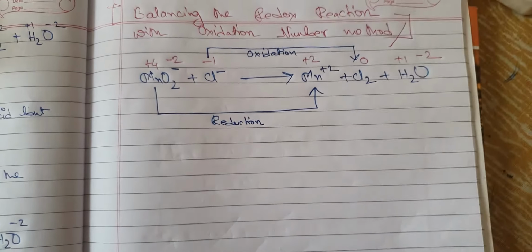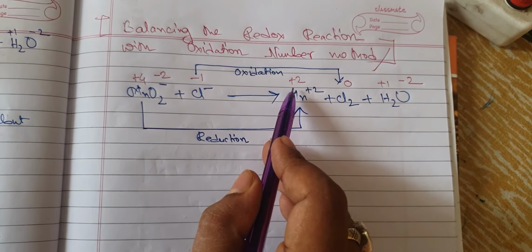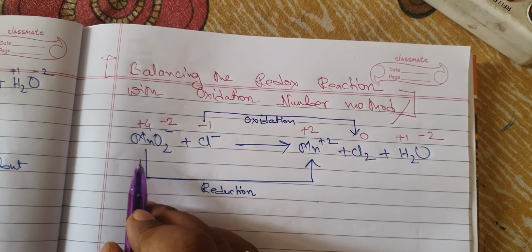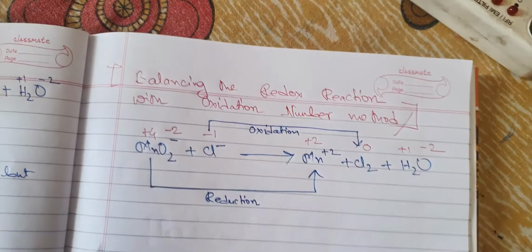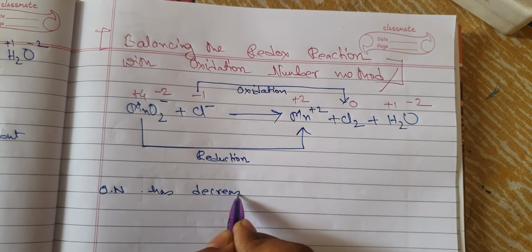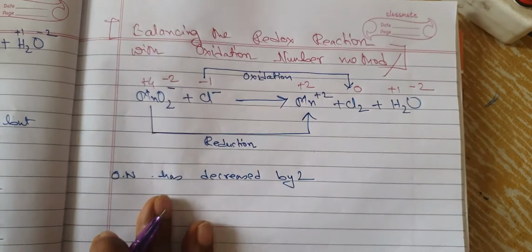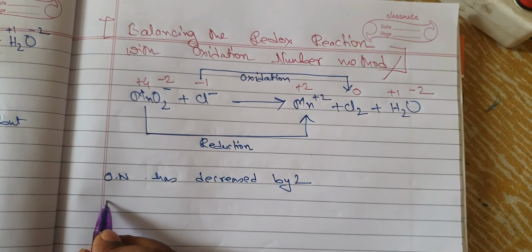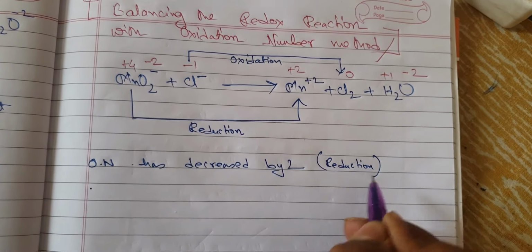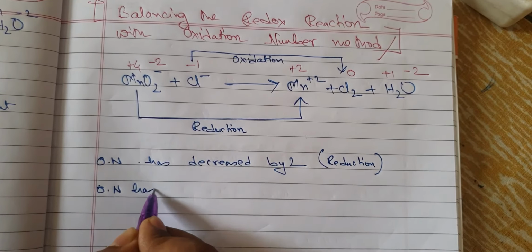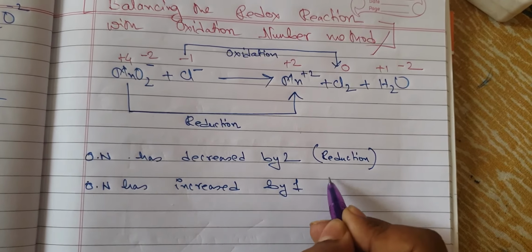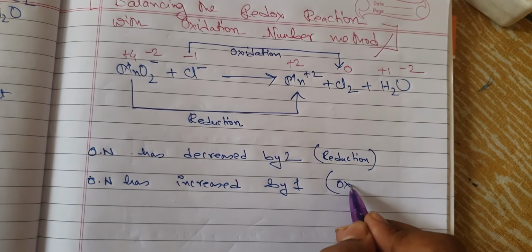You can see plus 4 to plus 2, that means there is acceptance of 2 electrons, or the oxidation number has decreased by 2 in the reduction step. And the oxidation number has increased by just 1 in the oxidation step.